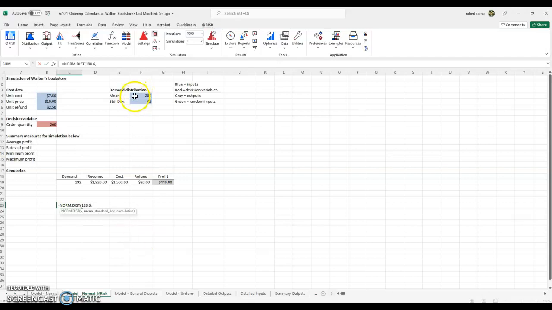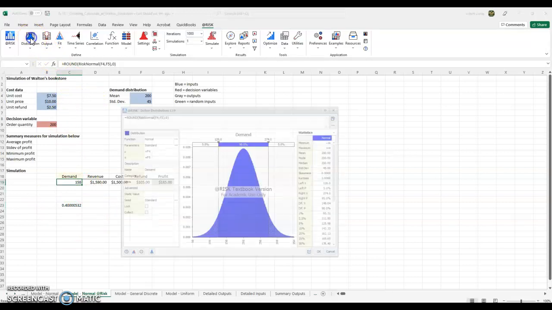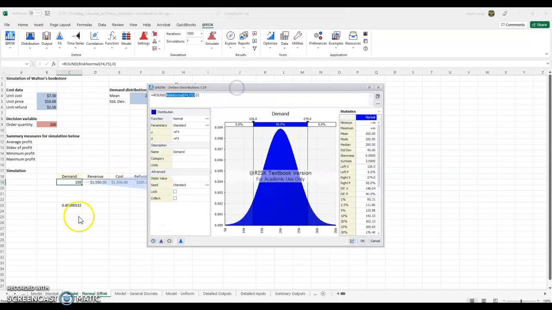The mean is 200. The standard deviation is 45. And if we remember, a normal distribution is a continuous one, so we want to make sure this is true. If I type it in this way, you can see Excel will give me the same thing, that 40%, that 40th percentile. And so that's a way that we can do it in Excel. Truthfully, the statistics right out of @RISK make it really quick to find that stuff.